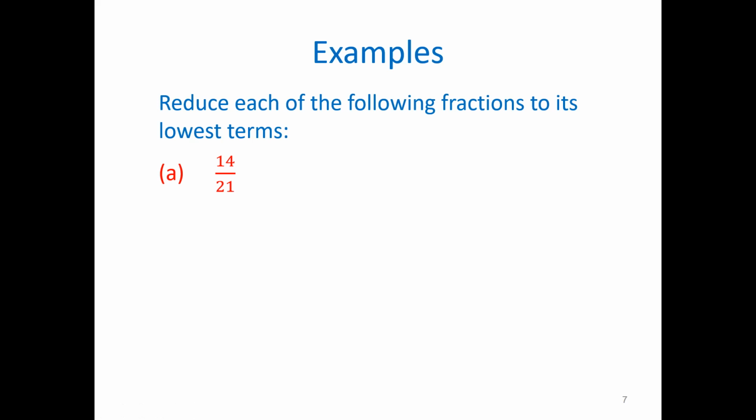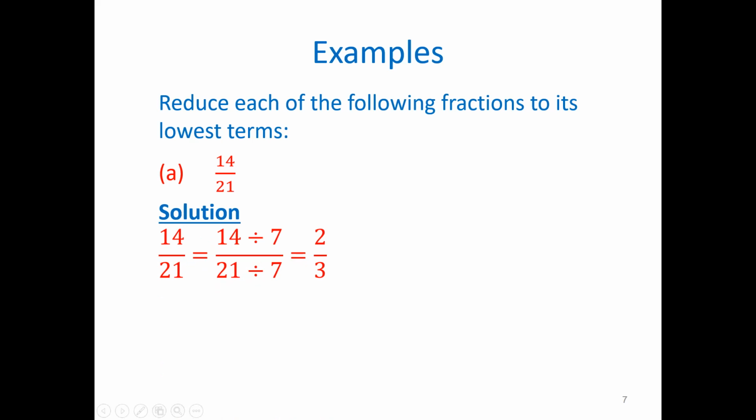So which number can we divide by? Well, you have to look for the common factor. What is the common factor between 14 and 21? The greatest common factor is 7.